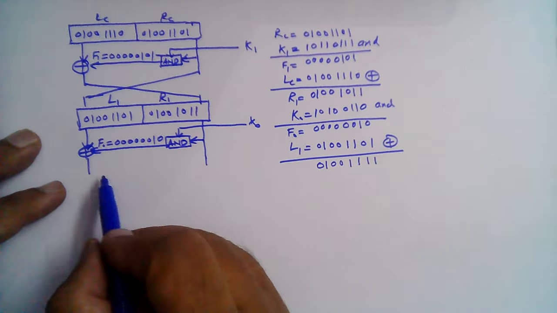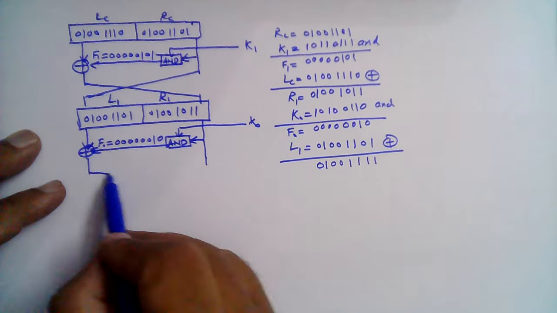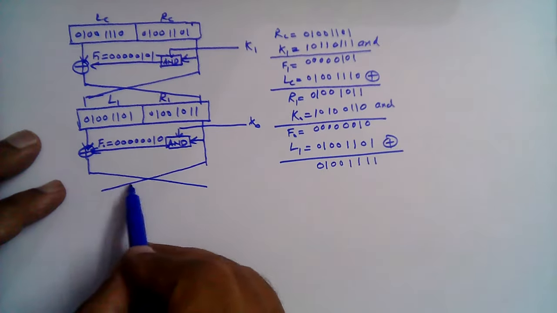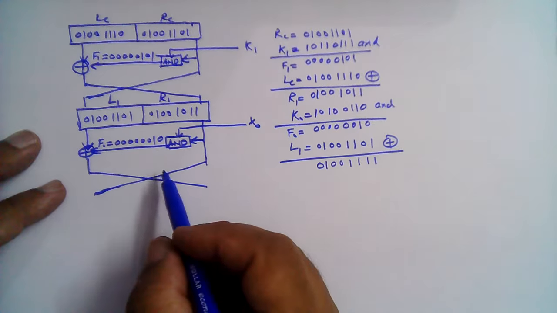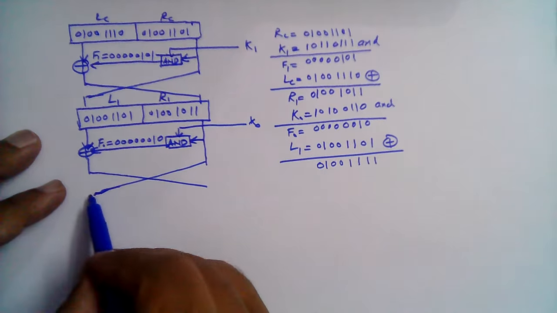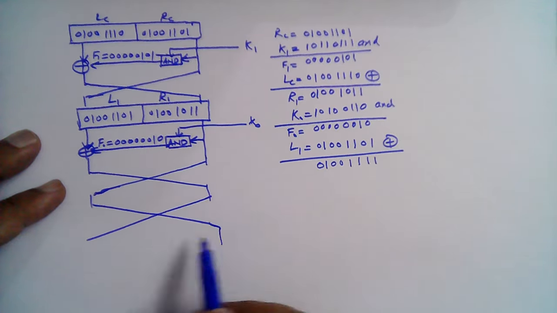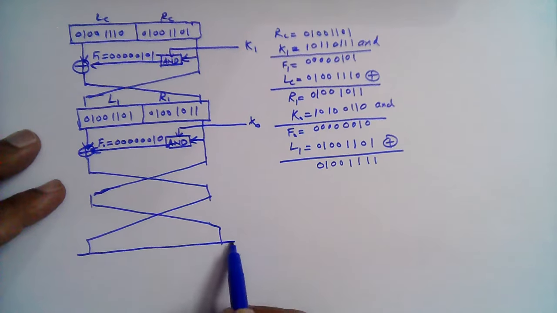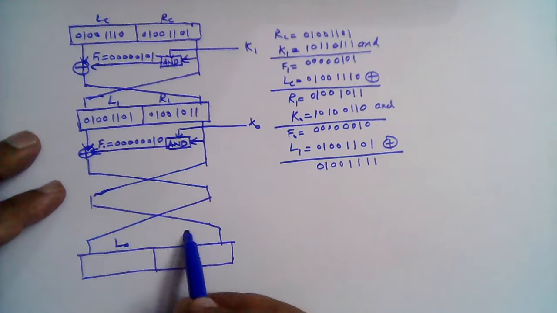So in the manner we swapped here, let's swap here again. And as we are to finish with 2 rounds, let's swap once more. And then this is our plain text, L naught and R naught.